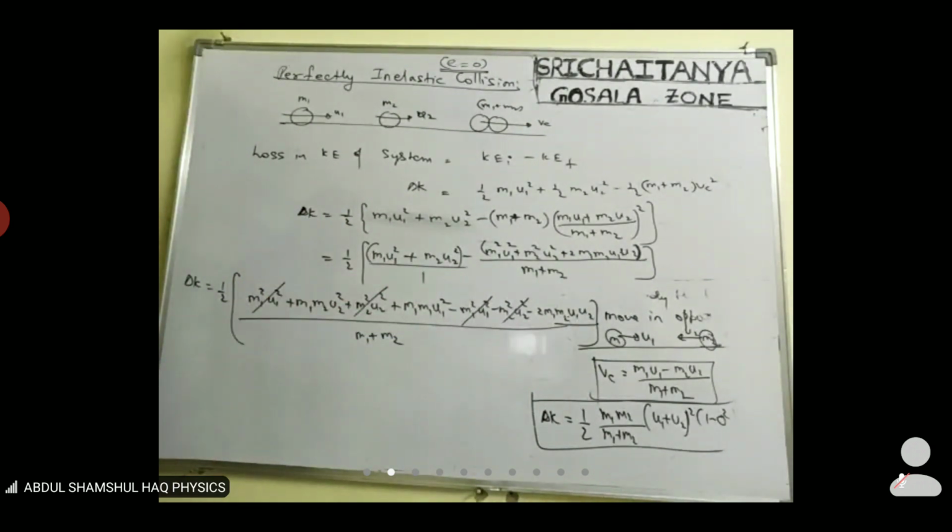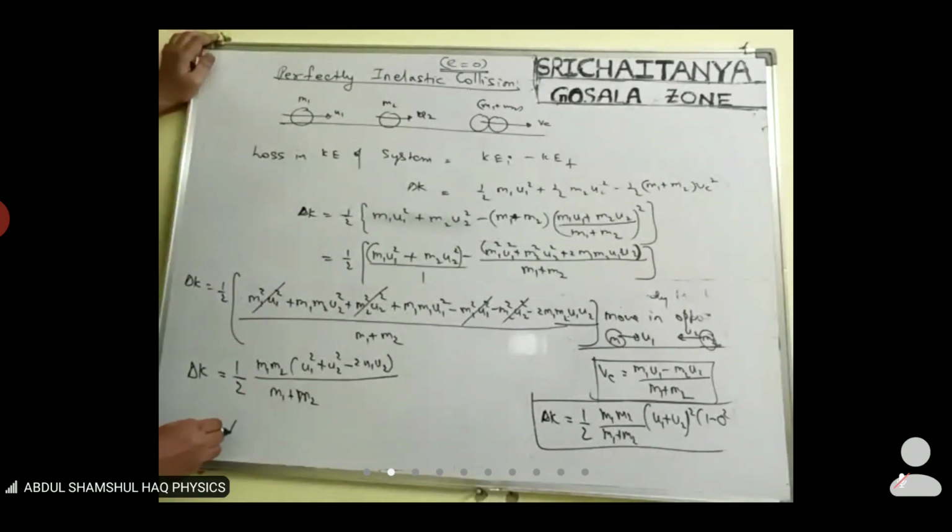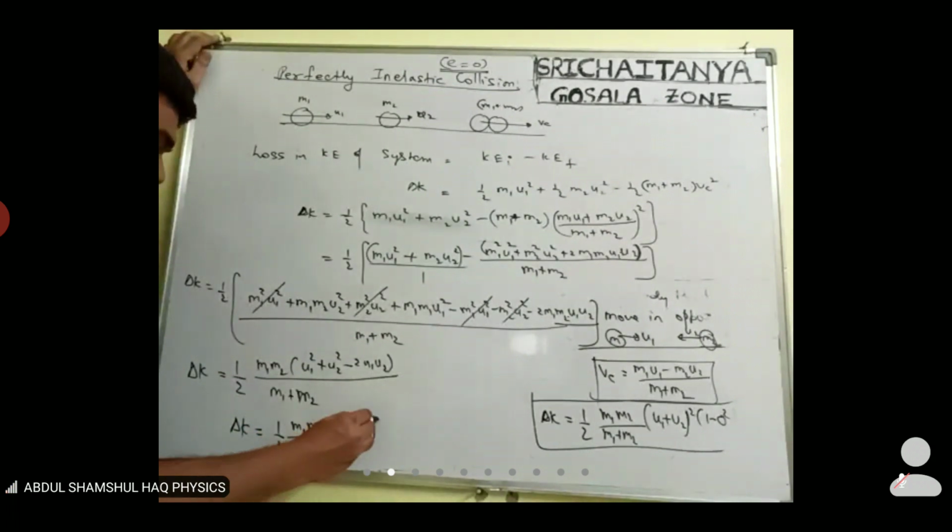What is that common factor? Yes, m1 m2 can be taken. So delta K will be equal to 1 by 2, m1 m2, (u1 square plus u2 square minus 2 u1 u2), all divided by m1 plus m2. This will be equal to m1 m2 divided by the total mass m1 plus m2, into (u1 minus u2) whole square.